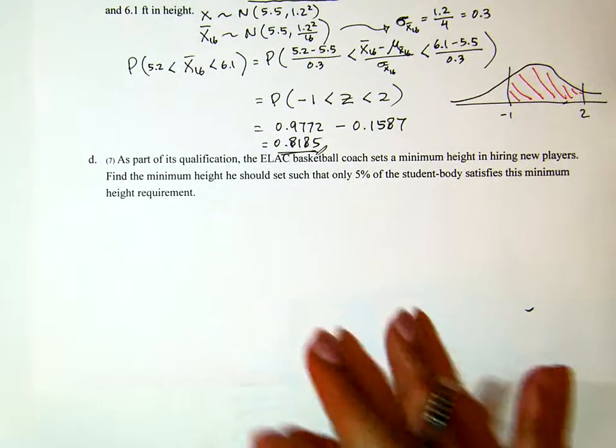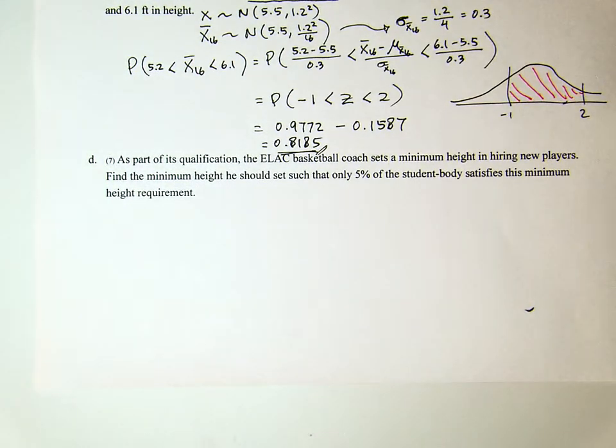Now let me go on to part D. As part of its qualification, the ELAC basketball coach sets a minimum height in hiring new players. Find the minimum height he should set such that only 5% of the student body satisfy this minimum height requirement.